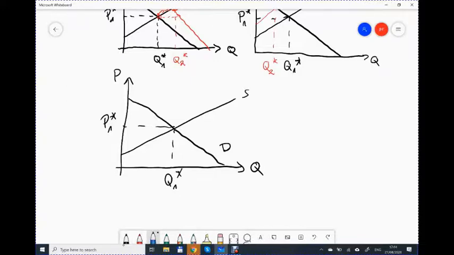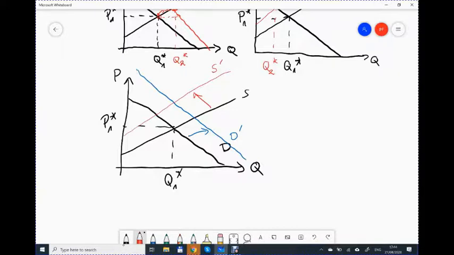Now we are going to experience then a positive demand shock, but at the same time there is a bad harvest which causes a negative supply shock, and we have a leftward shift of the supply function.